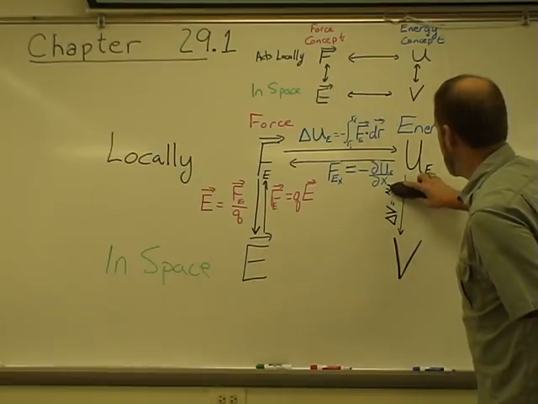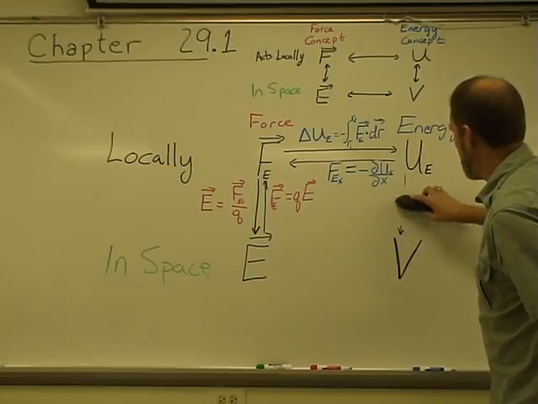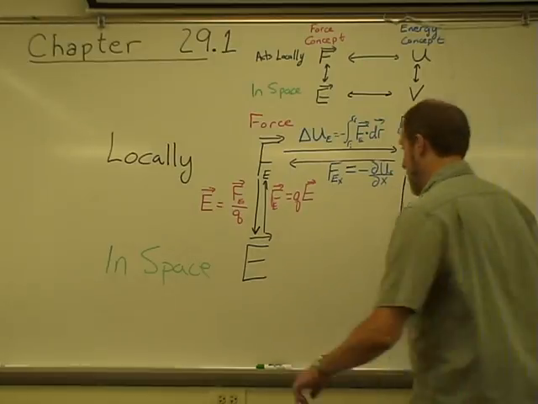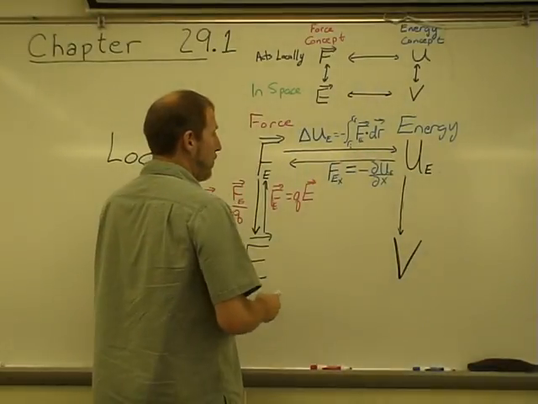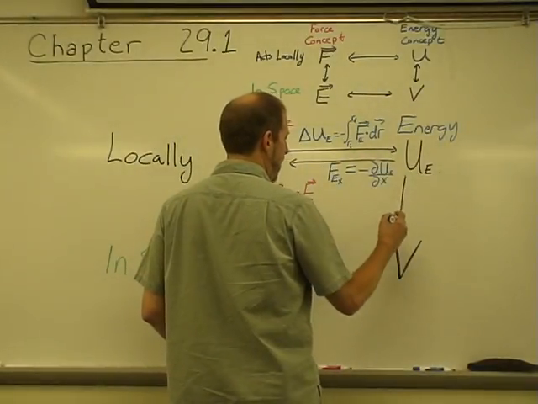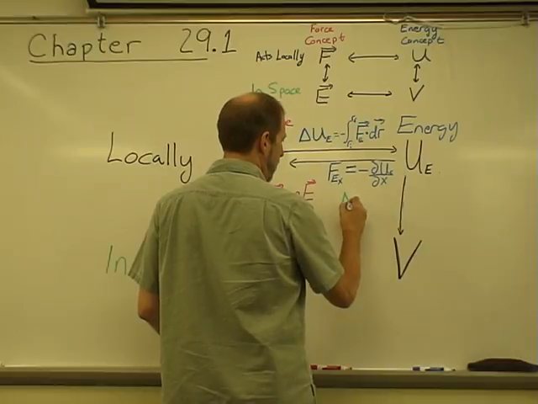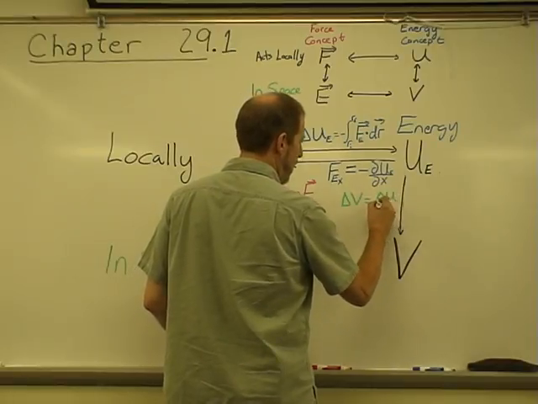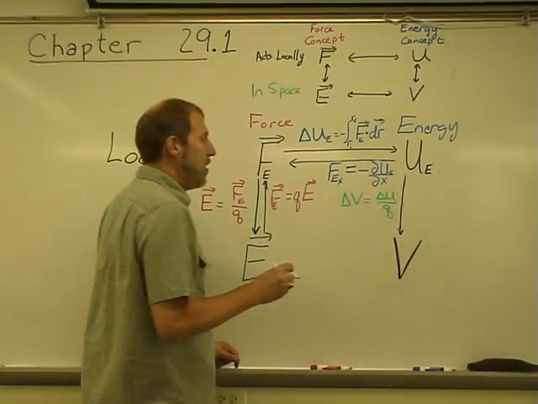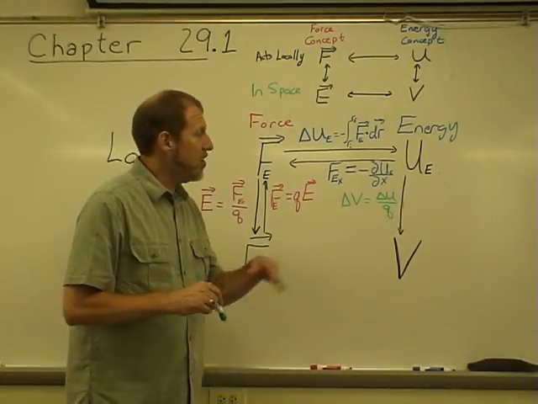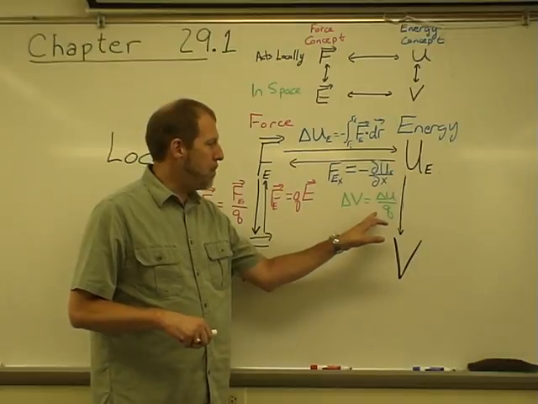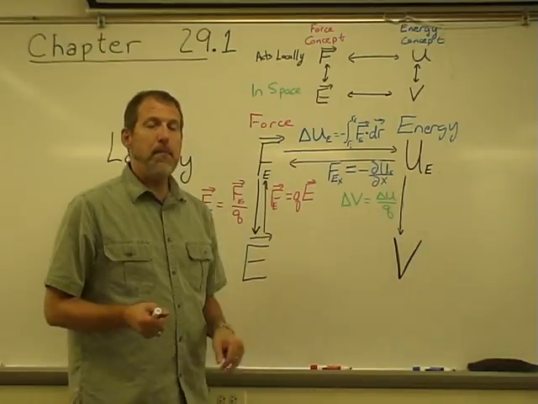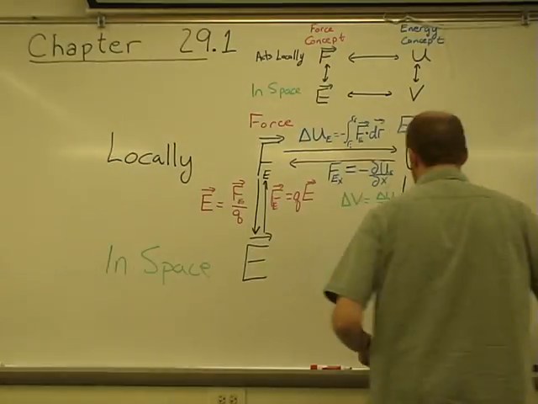Let me write this in a way it can be upright, such that hopefully it will stand out better: the change in electric potential is equal to the change in electric potential energy over that path between those two points, divided by the test charge that's moved.